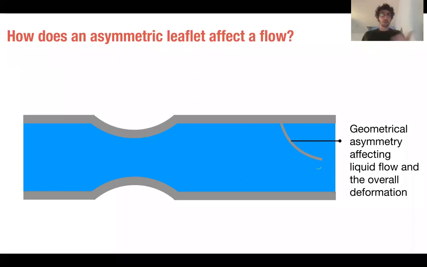Well, here is a very simple model, right? You just have a channel containing a liquid, and then here you have a membrane that can deform within the flow, for example.